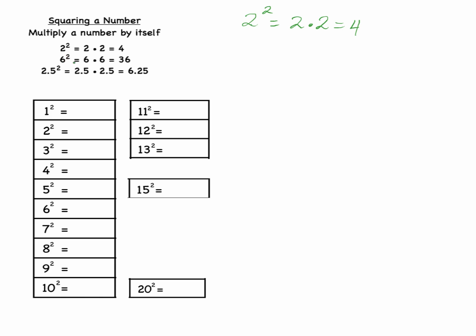I have 6 squared, which means 6 multiplied by 6, which gives you 36. Always remember, squaring is a multiplication and not an addition, because sometimes students think you're adding. And for those students who think that, I always say write it out. So 6 squared means 6 multiplied by 6, which gives you 36.